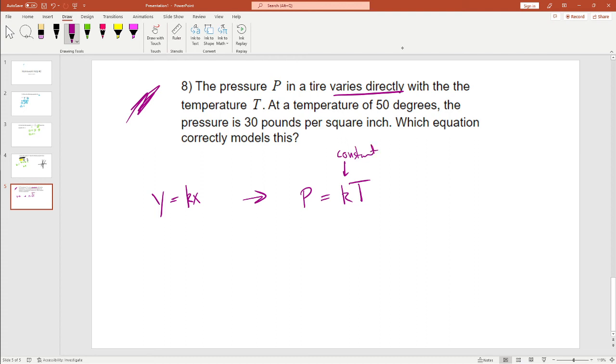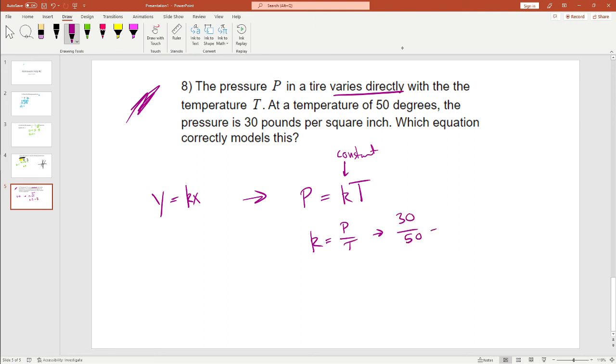So I know one ratio of degrees to pounds per square inch, or vice versa, pounds per square inch to degrees. Remember, we can rearrange this formula and have k equal to P over T. So what is this ratio? Well, pressure is 30 and temperature is 50.